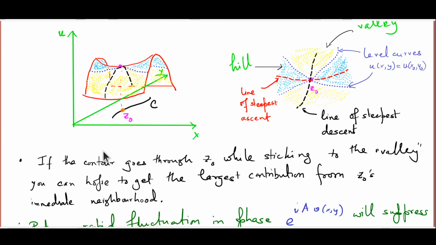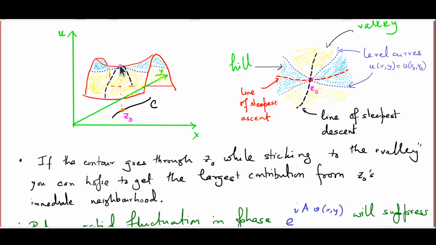Here I have tried to graphically depict this notion of a saddle point. If you focus on the picture on the left, here we have drawn x and y along the two axes. These are the real part and imaginary part respectively of the variable z. And we have plotted u along the third axis. So a typical function u, which has a saddle point, would have a graph which looks like this, at least locally.